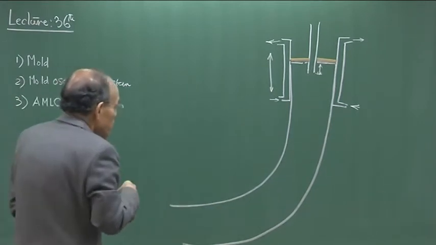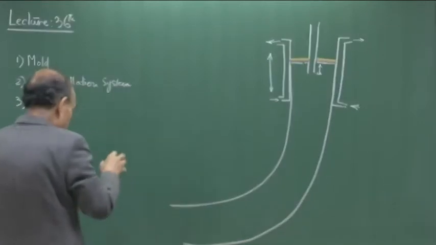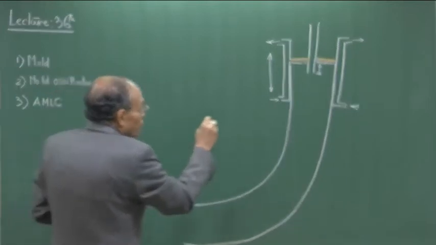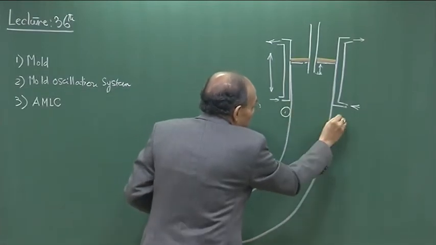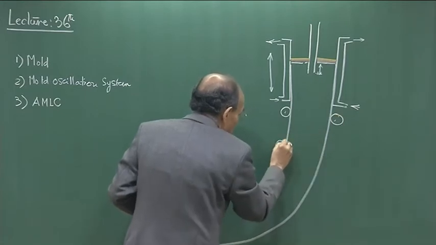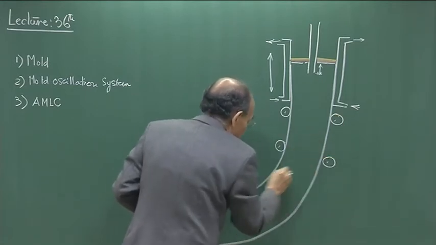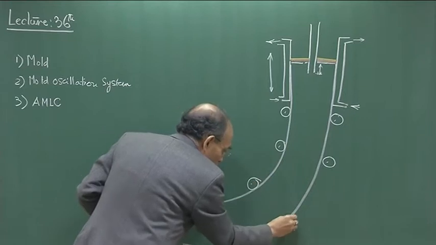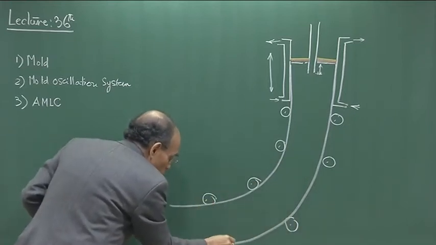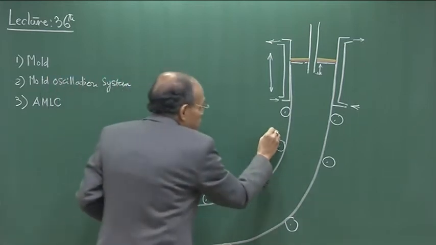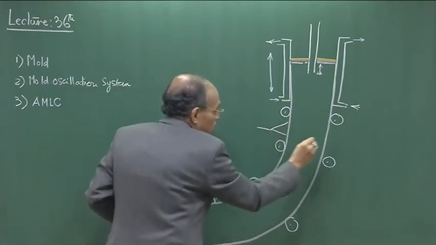So, a dummy block setup is there, but more importantly, we have a set of guiding and bending rolls, which ensures that the strand is discharged in a horizontal direction, and we have this spray cooling.